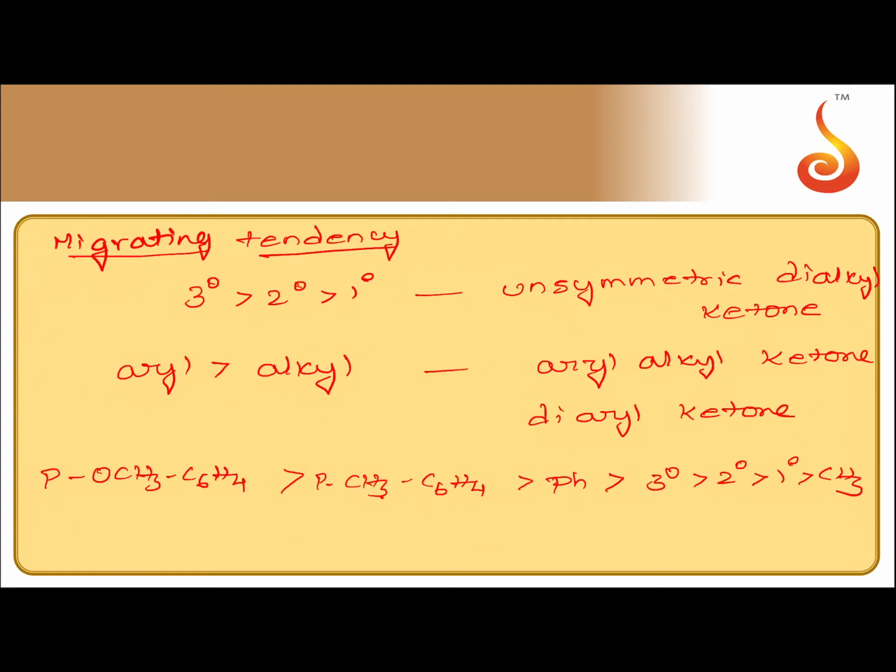If it is an aryl alkyl ketone, the migrating tendency of the aryl group will be more than the alkyl group. If it is a diaryl ketone with an electron releasing group in the para position, that group will have more migrating tendency. So this is the order of migrating capacity of different R groups.